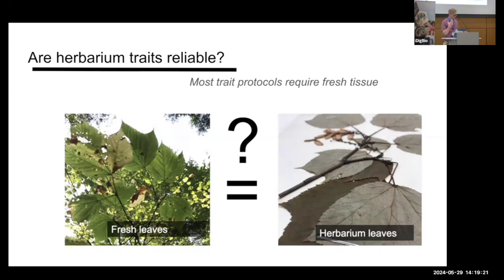And a lot of these trait protocols, believe it or not, the ideal isn't measuring a specimen or a leaf that was collected over 100 years ago, but instead is on fresh material. So there really are a lot of legitimate concerns about measuring traits from herbarium specimens without knowing exactly how that specimen was collected and if that's comparable.